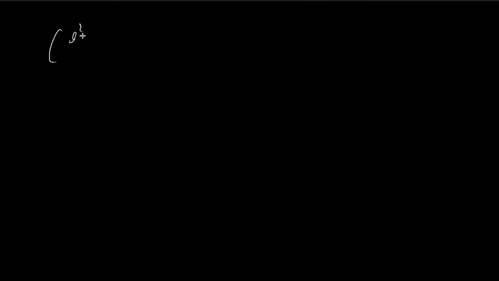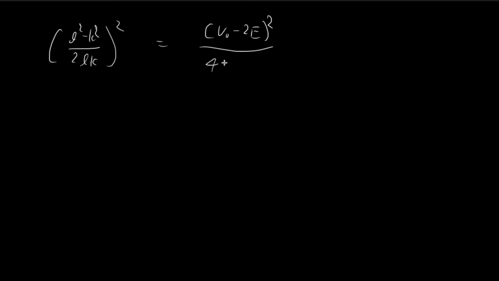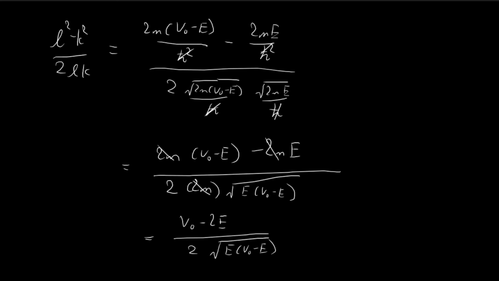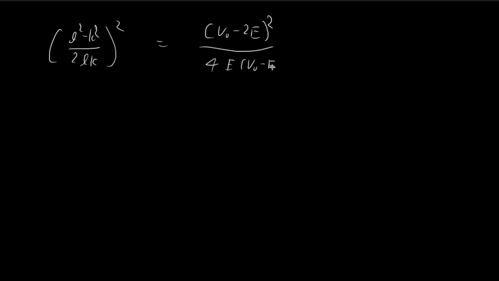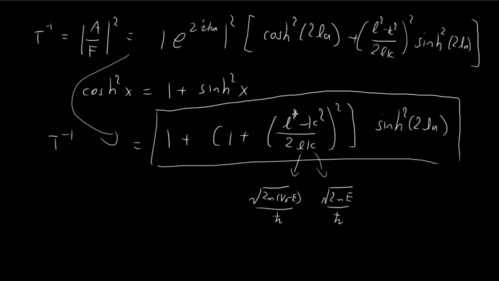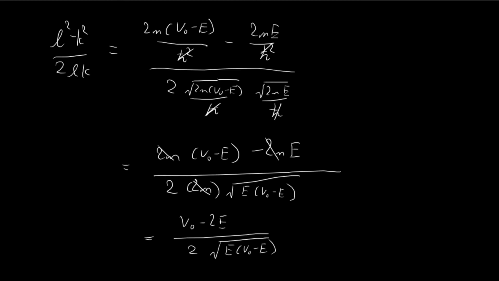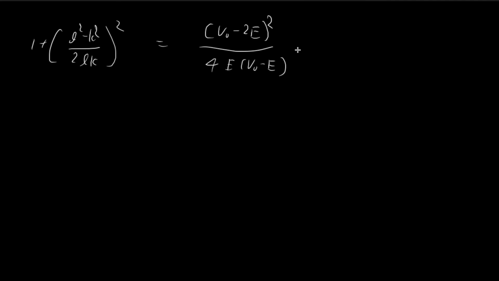So squaring the entire expression, we have (V0 minus 2E) whole squared divided by 4E(V0 minus E). And then don't forget, for this entire expression there is also a 1 plus. So let's just also add a 1 plus.